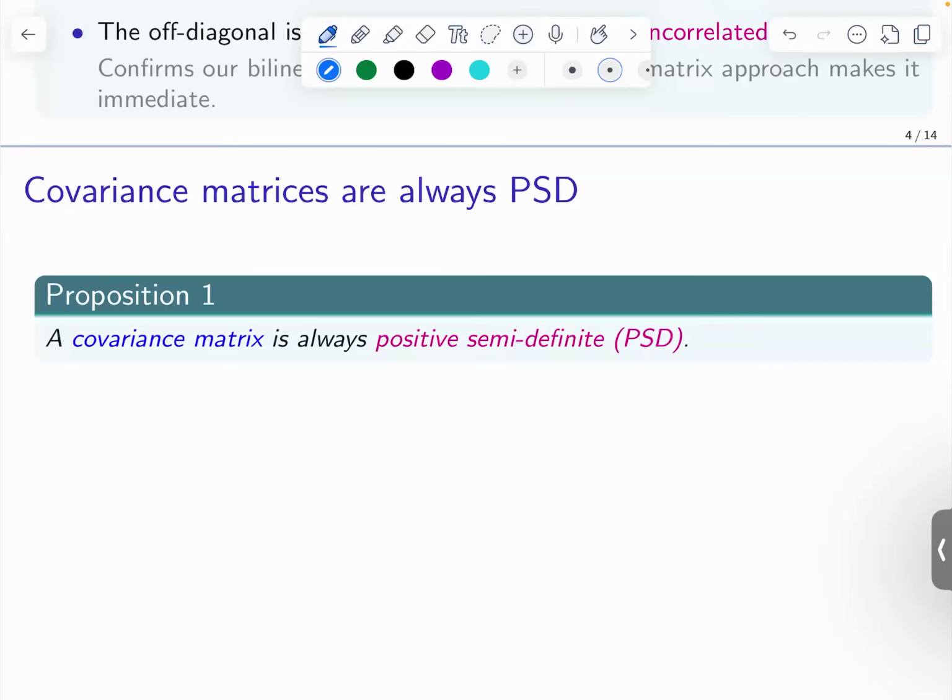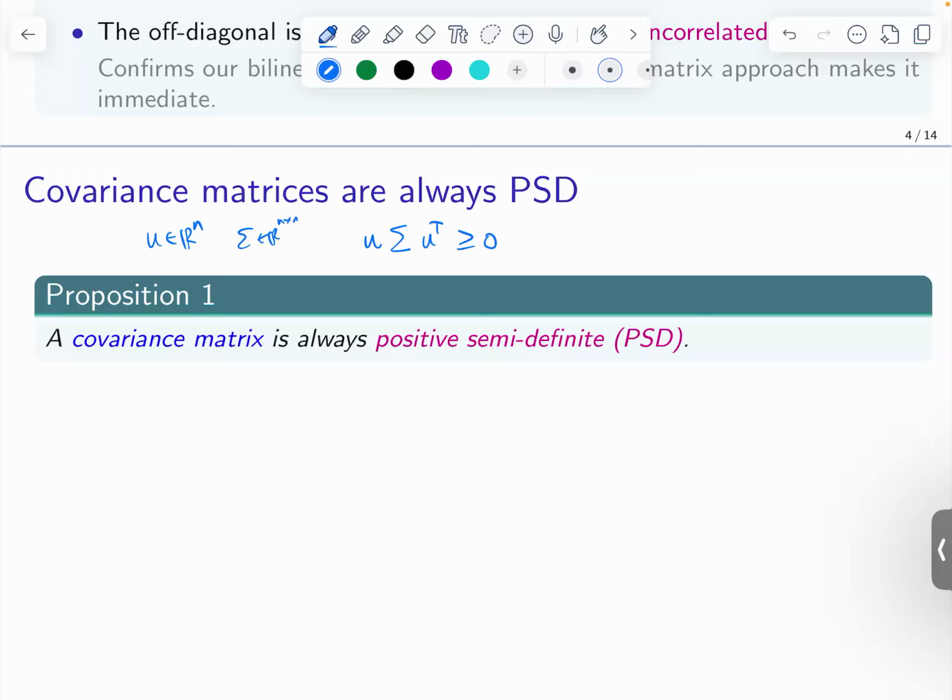So if I have sigma, and I claim that it's positive semi-definite, it means if I pick any u, where u is a vector in R^n and sigma is n by n, and compute u sigma u transpose, this is always non-negative.